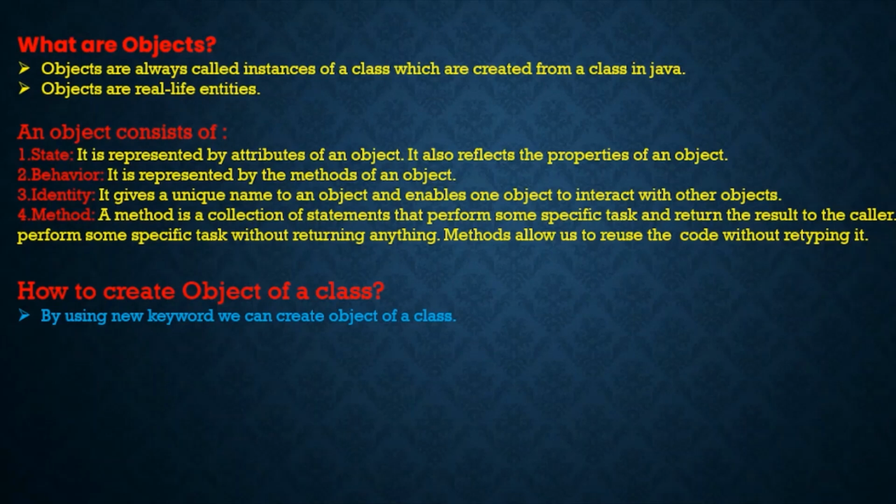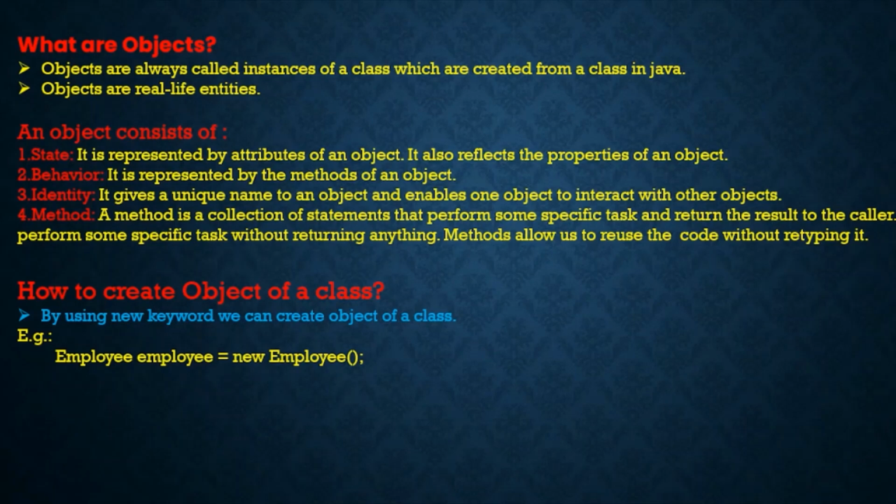So we want to create the employee object. What can we write? Employee e = new Employee. Whenever we write new, that means we are trying to create the object of Employee.